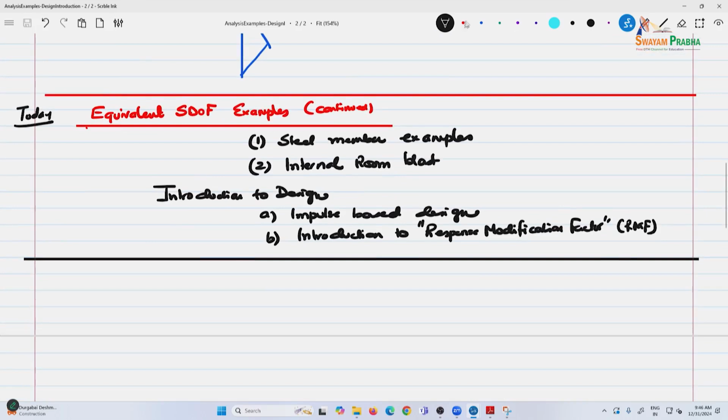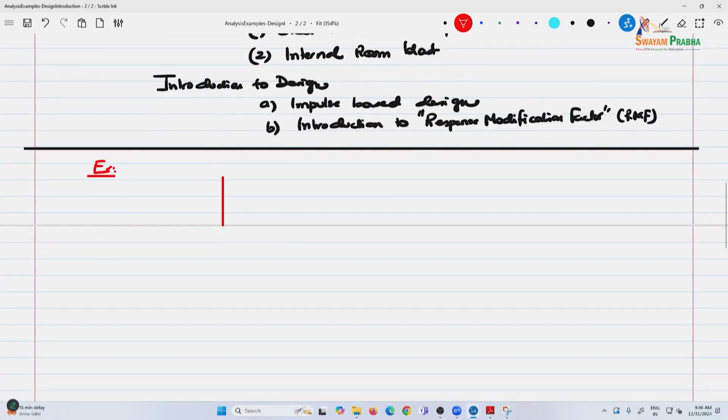So let's take up the first example in steel. So, steel design example. We'll go to the next page.